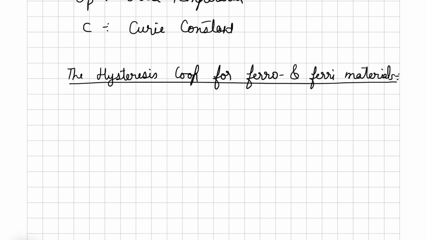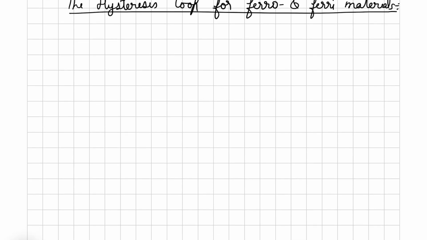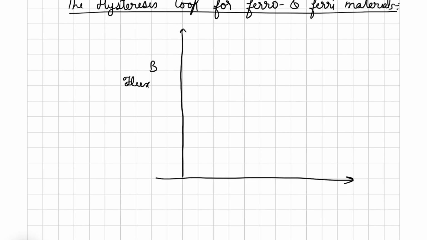Actually, it's similar to the dielectric material which we saw, but this time it's between B and H. So B is your flux density, inductance, and H is the magnetizing field.